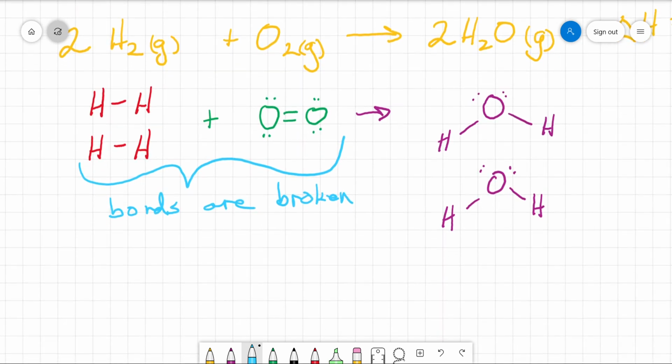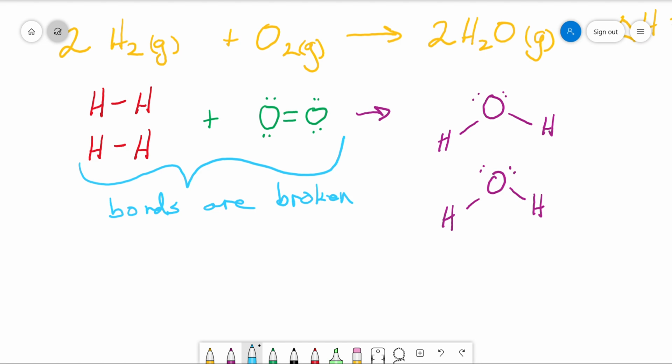And that means on the other side, those bonds are formed. That means they have opposite signs in terms of energy. And if we want to figure out what the total energy of this reaction is, all we need to do is sum up all of the energies associated with the 2 hydrogen-hydrogen bonds, the oxygen-oxygen double bond, and the 4 hydrogen-oxygen bonds.